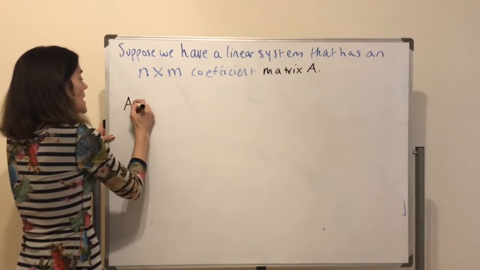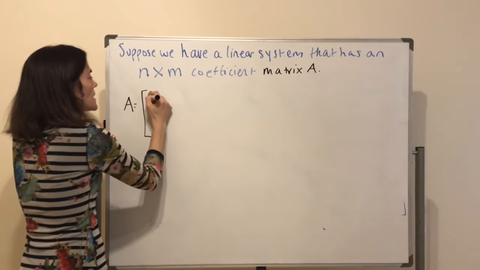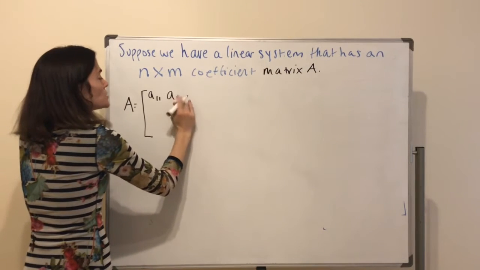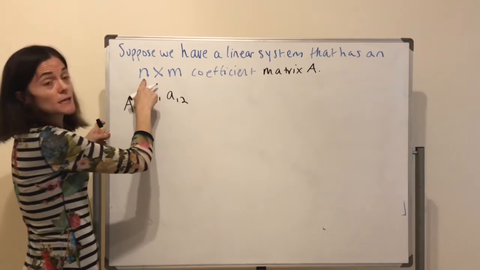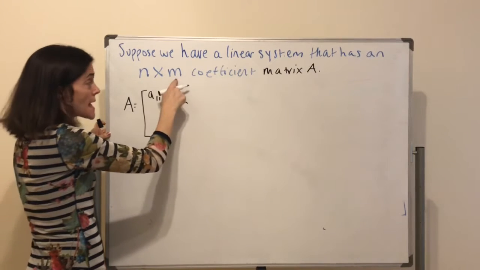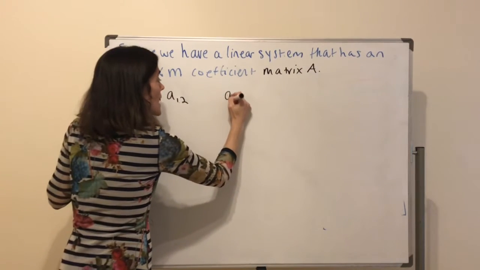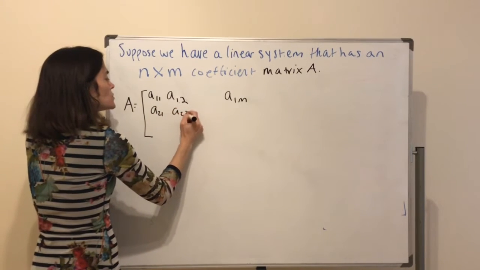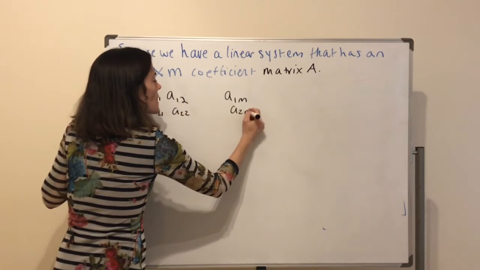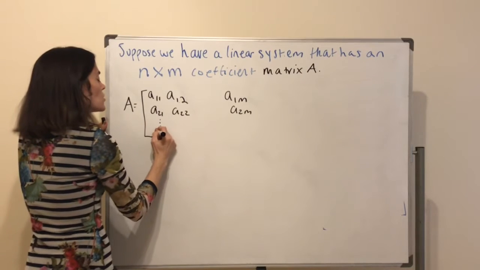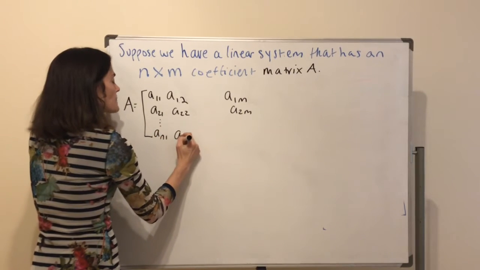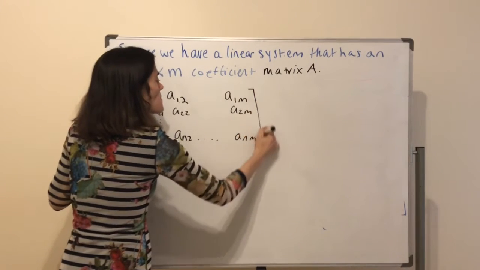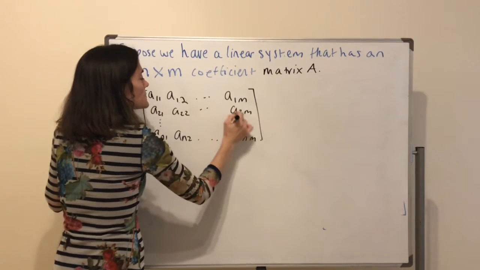This means A has the following form. It's A11, A12, and then this says we have n rows, m columns. So this is going to be A1m, and then A21, A22, out to A2m. And then we have n rows out to A_nm. Okay, this is our coefficient matrix.